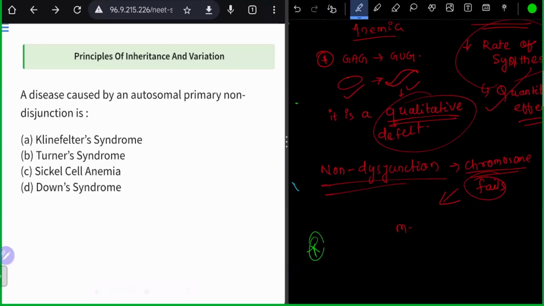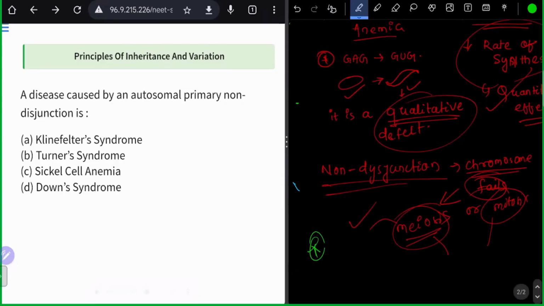It can happen in meiosis or mitosis. Meiosis and mitosis are the cell divisions. In meiosis 1, we have chromosome separation, and in meiosis 2 and mitosis, they have chromatid separation. So in non-disjunction, the chromosome fails to separate. In Klinefelter syndrome, an extra X chromosome is present.